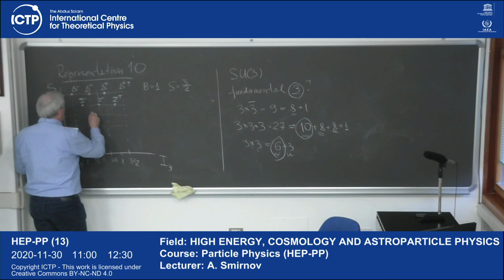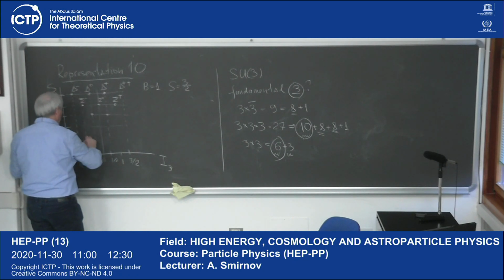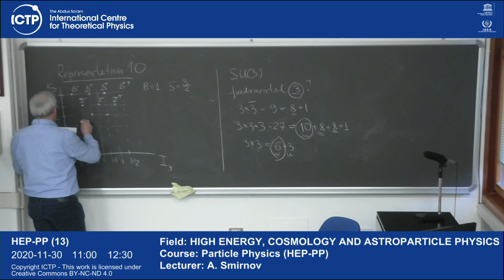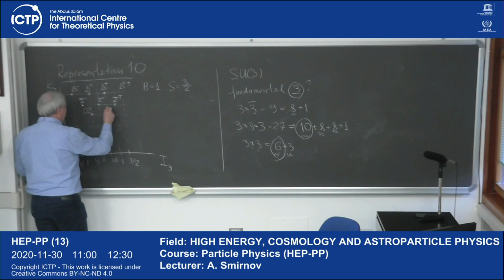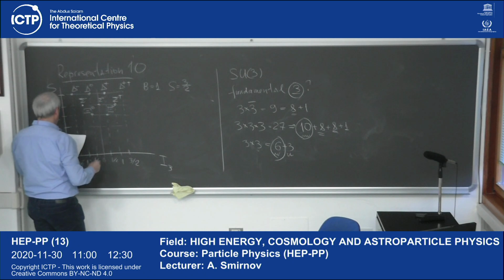Now there are 3 particles, so they form a triplet of the isospin group, and there is a doublet of xi. I think here is 0 and here is minus.